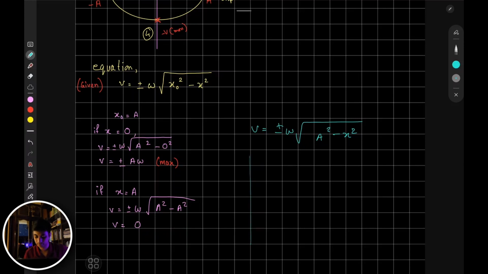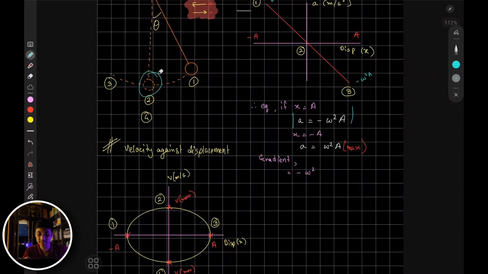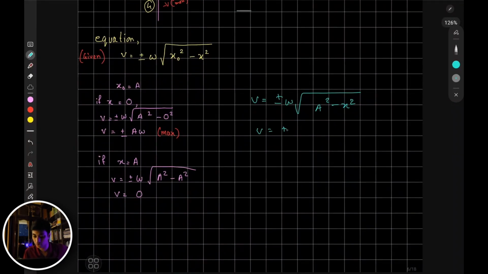Therefore, velocity is going to be maximum when the pendulum is in this position where the displacement is 0. We already know that velocity is maximum at the equilibrium position. So let's apply that. We get v is equal to plus minus omega root of a square minus 0. What do we get? v is equal to plus minus omega a, since the square root cancels the power.